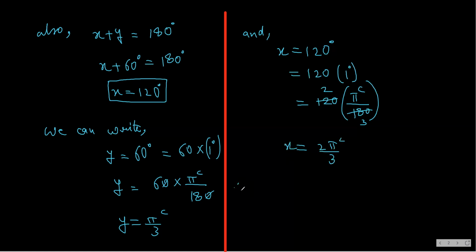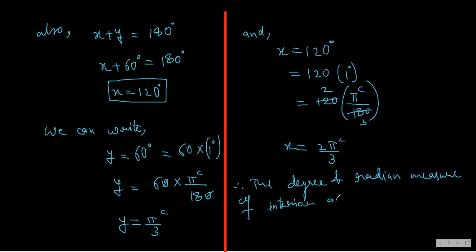Okay. So you will write the final answer: therefore, the degree and radian measure of interior angle are 120 degrees and 2 pi by 3 radian.